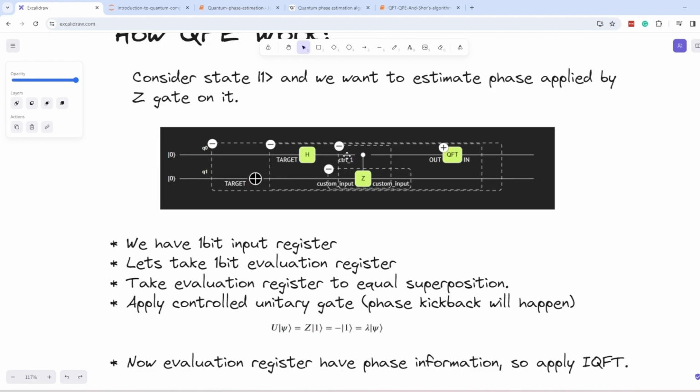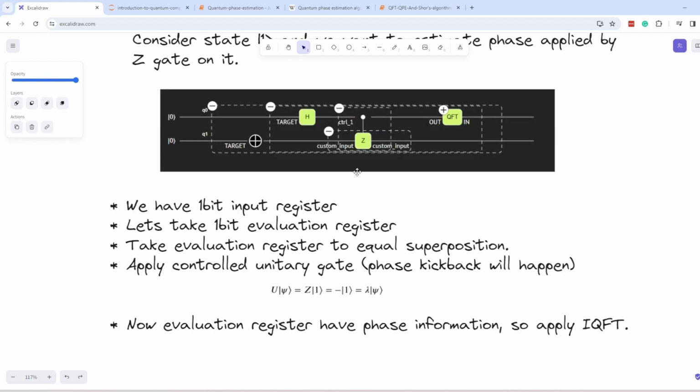We wanted to measure the impact of the Z gate on the one state, that's why we apply the Z gate as a controlled gate, such that the evaluation register is the control and our input one is the target. Now let's try to understand the significance of doing all this.